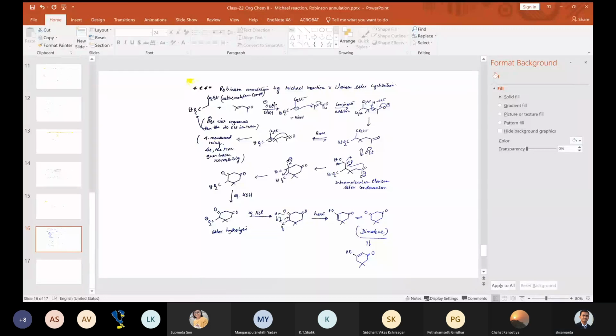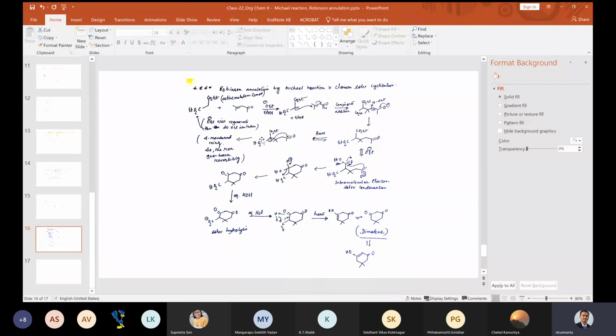We take a base. So this base picks up this proton from here, giving a negative charge. This negative charge attacks here, forms this kind of intermediate, which after picking up this proton forms this one. Now in this intermediate, if you have a base, this proton that is here is most acidic.